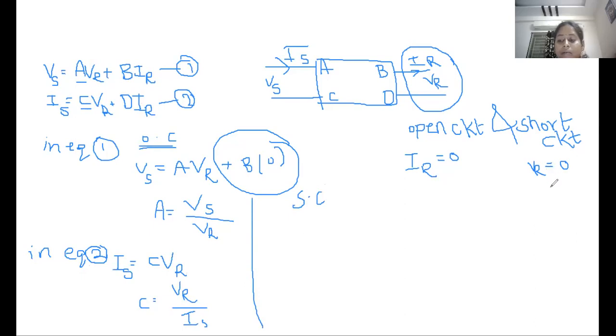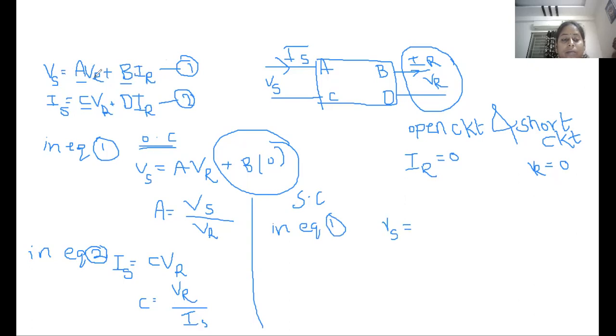VR equal to 0. So substitute VR equal to 0 in equations 1 and 2. In equation 1, VR equal to 0, then we can get the value of B. Okay. So Vs equal to A into VR, VR is 0.